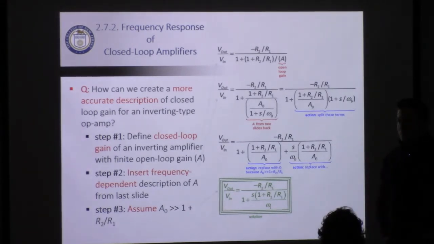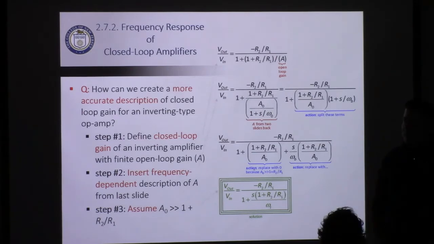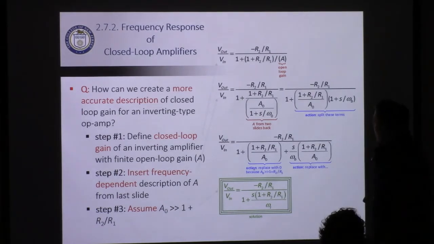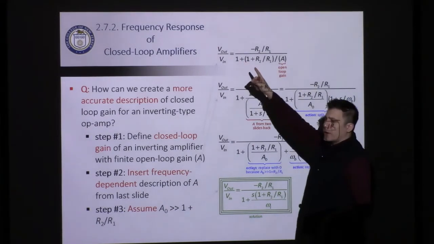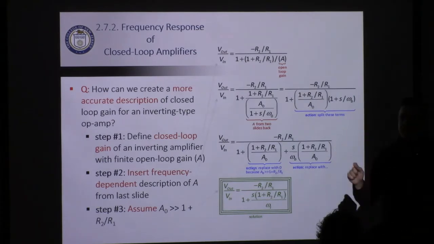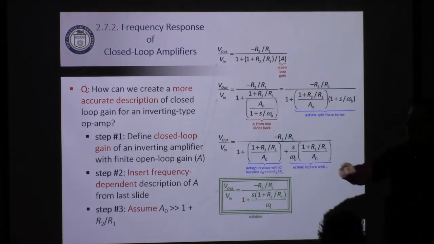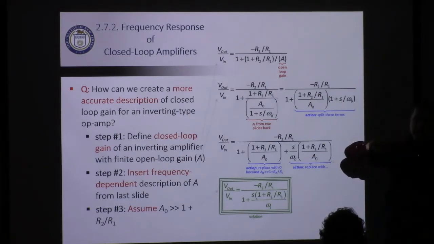Yes? Exactly, yes. And this one specifically, if you look at the numerator, you can see it's for an inverting amplifier. When the open loop gain is not infinite, the closed loop gain is described by this function, and we plug in the value of A there.